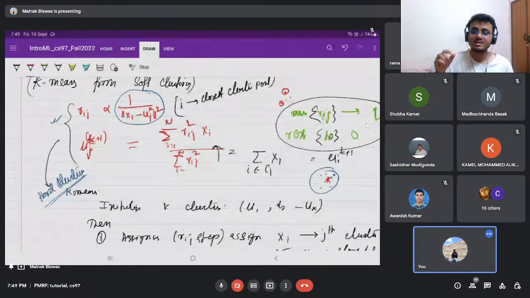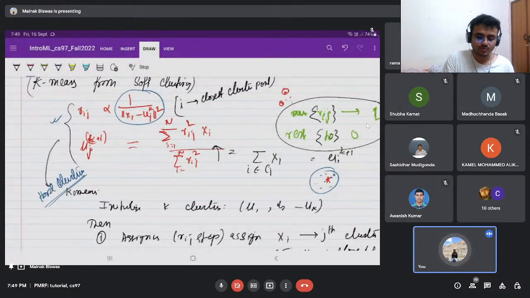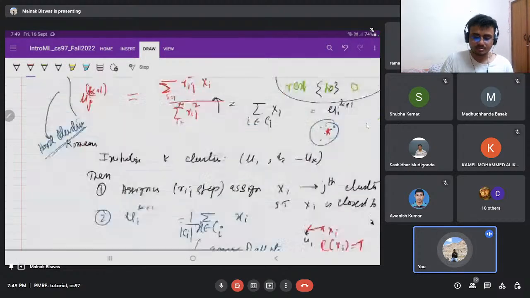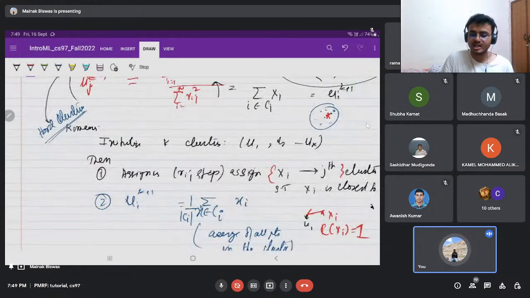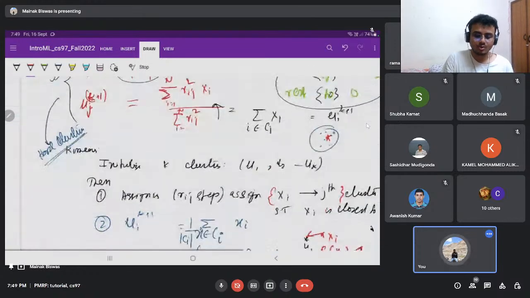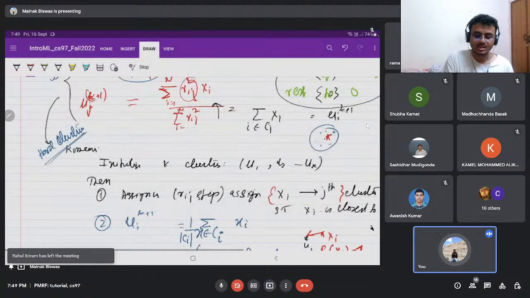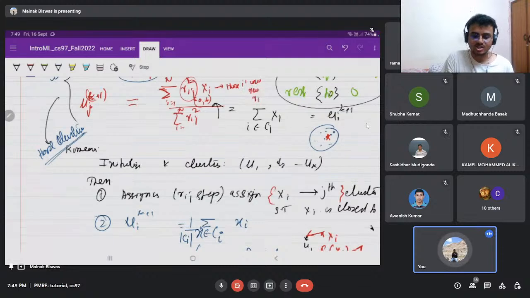Now if you just assign one point to one cluster, what will happen? This equation will become a deterministic solution. You will be assigning xi to the jth cluster, and these will all become zeros and ones. So here only those i's will remain such that rij is equal to 1.